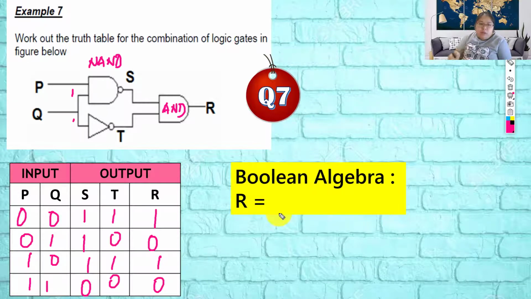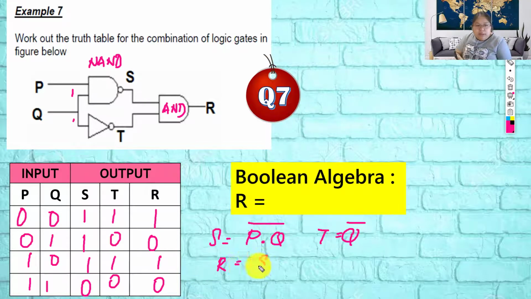Okay, Boolean. Just do the calculation for the S: P dot Q bar. Okay, T is Q bar. Okay, R is S dot T. Okay, final R equal P dot Q bar, pull a bracket.